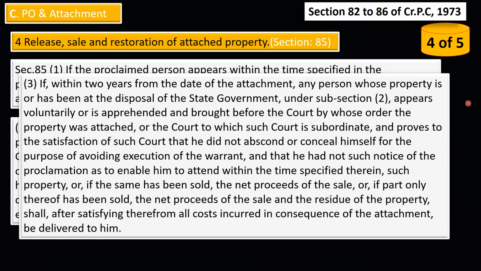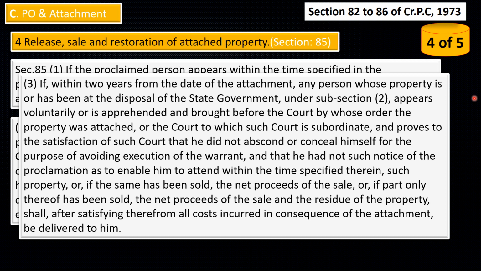It says that the property has been attached, right? It has been attached of a proclaimed person. The state government can sell it, and within 2 years, if the proclaimed person appears before the court, definitely he's going to appear before the court so that he can save his property. This is what subsection 3 of section 85 says.